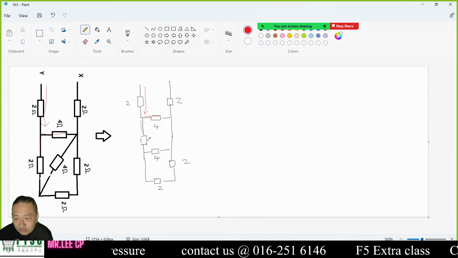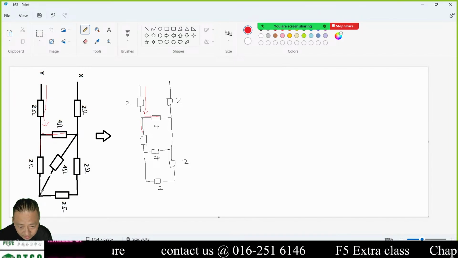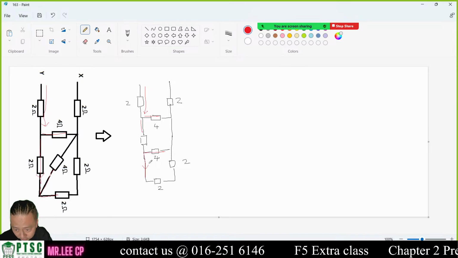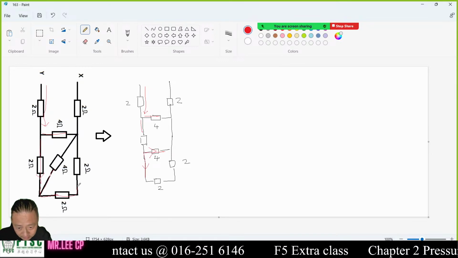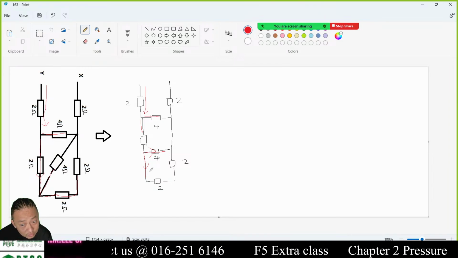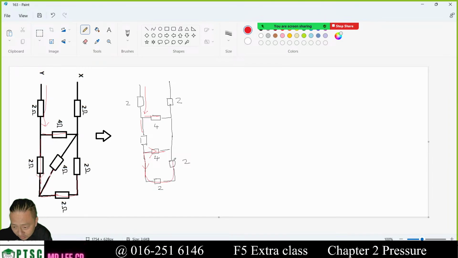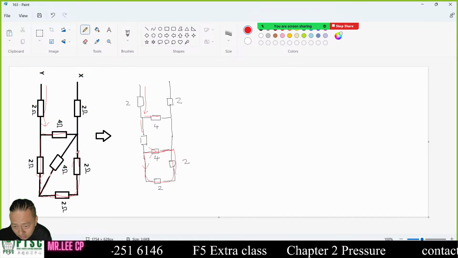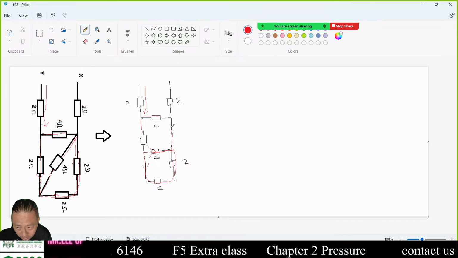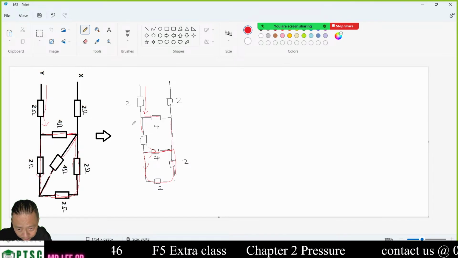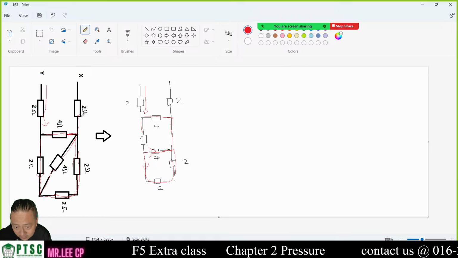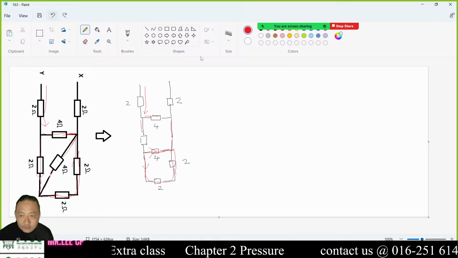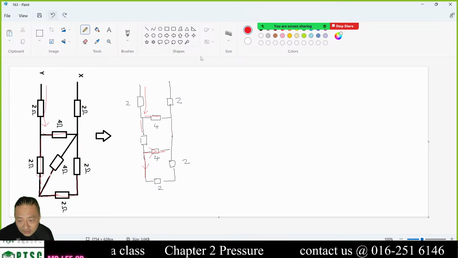Same. After that, it goes to 2. After that, it joins with 4, and then it goes together with 4. And then finally, it goes to 2. Yes, same. I didn't change anything. So it is still the same.